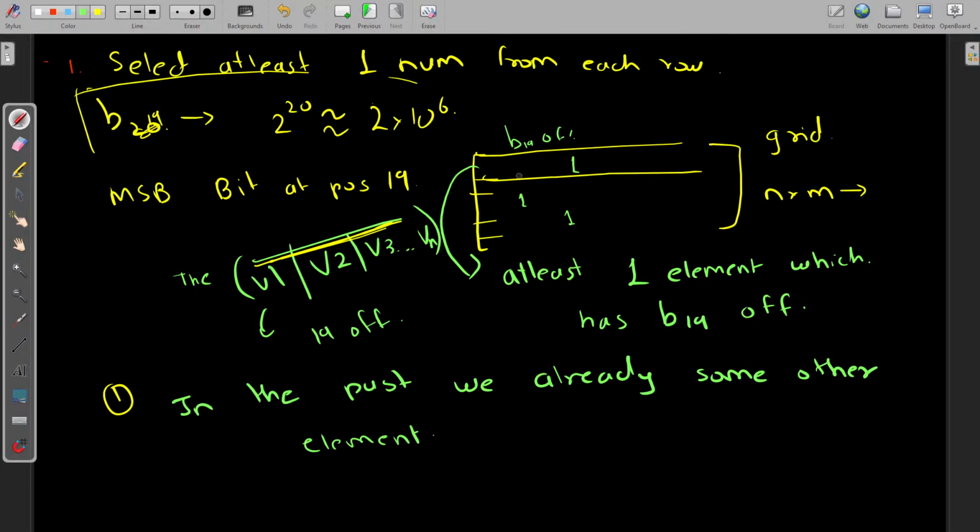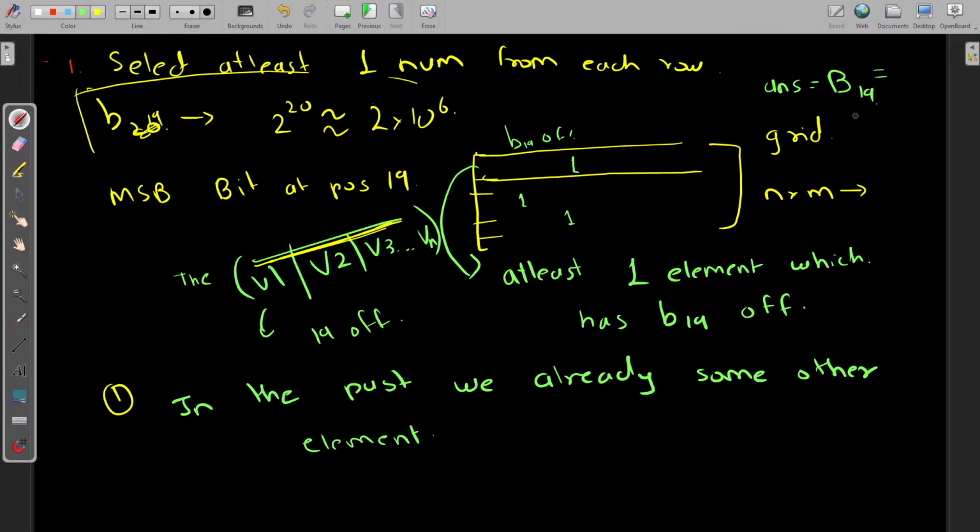For bit 19, I have found one element in each row which has its 19th bit off, and if I do a combined OR of all of them, then the resultant answer will also have bit 19 off. But we have only found this out for bit 19, right?